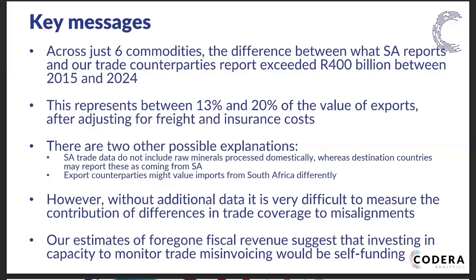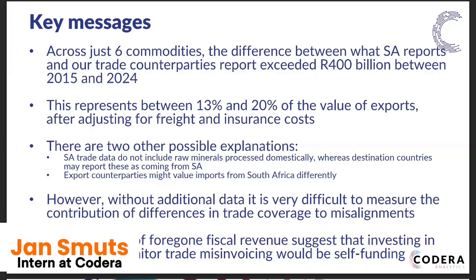Jan, please go ahead. Yes. Hi, Martin. Thank you for the input, and I do take the point about naming this phenomenon very seriously. You mentioned something about the FOB and CIF values. I think it's worth clarifying again that on Comtrade you have the CIF values available, as well as the FOB.